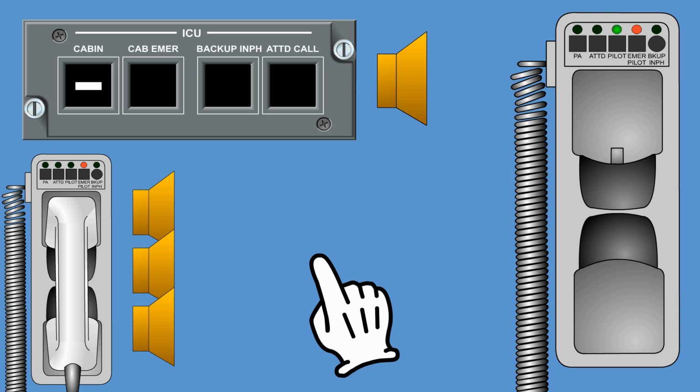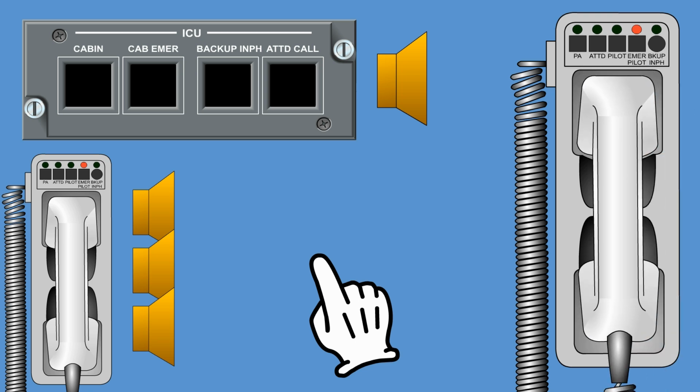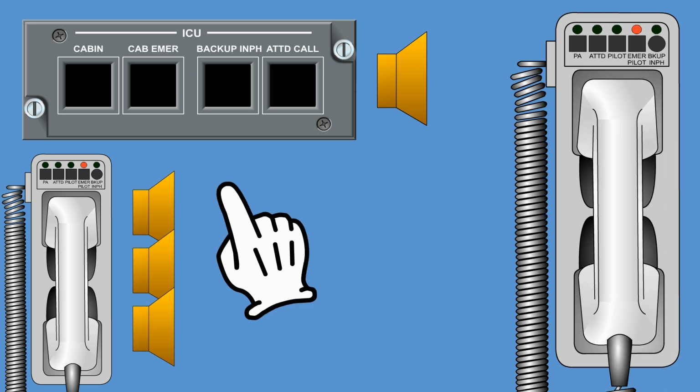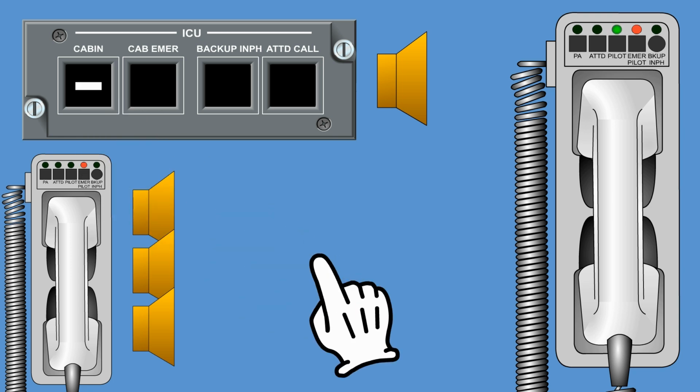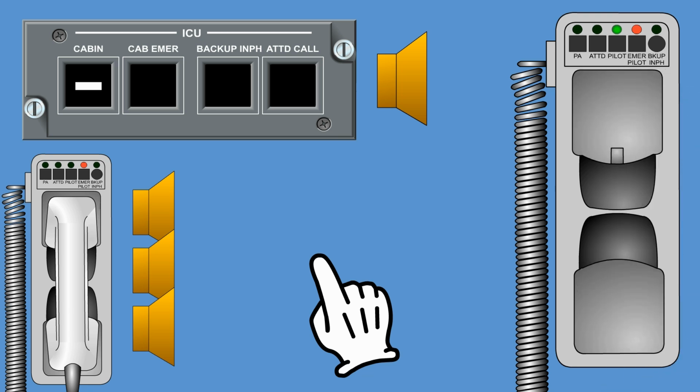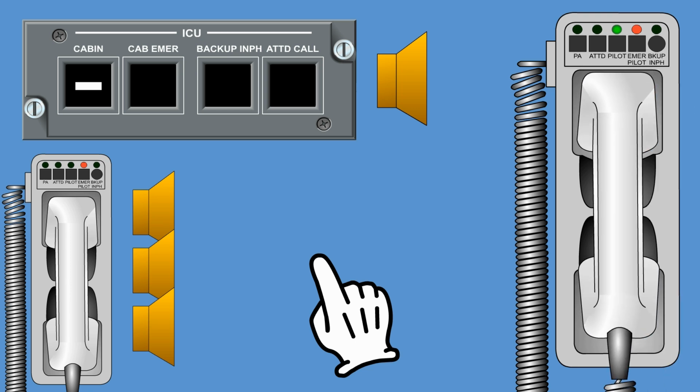If the phone is put back on the cradle, this mode is cancelled. When the flight crew calls the cabin, a chime will be audible, and the LED will be on steady. If the phone is then taken off the cradle and put back on, the mode is cancelled.